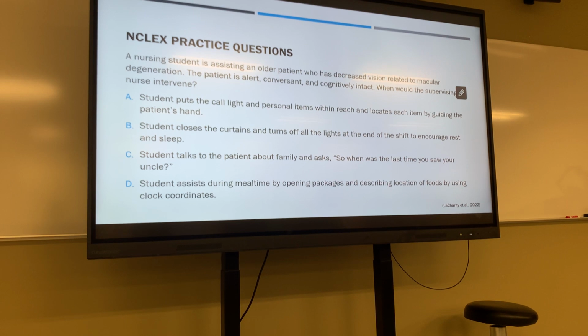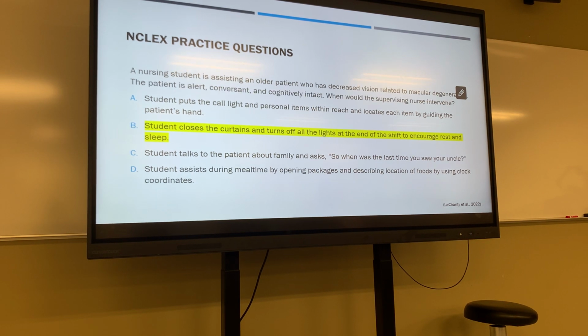B. Good. They have macular degeneration, which is the loss of what type of vision? Central. Yeah. If we're turning off all the lights, shutting the door, closing the curtain, and they don't have good central vision, they're at risk for falling, right? So we wanna make sure that they have a well-lit area.